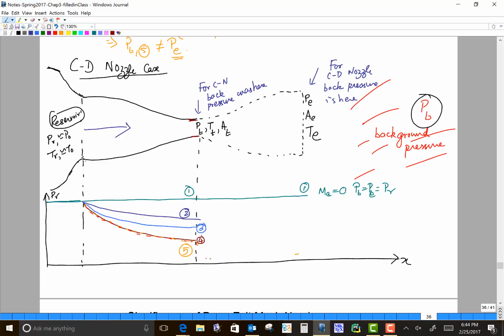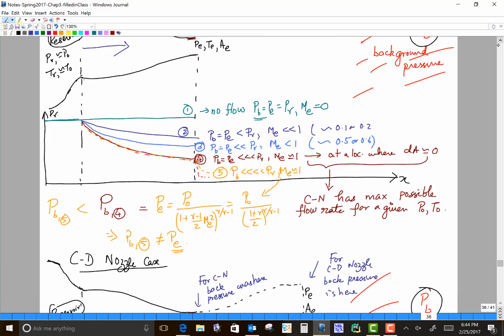Now, let me extend the curve for case 2. Case 2 is what? My PB is slightly smaller than PR, which means there's a small amount of flow being generated. There is a certain Mach number at this throat location, which was actually the exit plane location for the converging case, and the Mach number that we estimated was about 0.1 or 0.2.